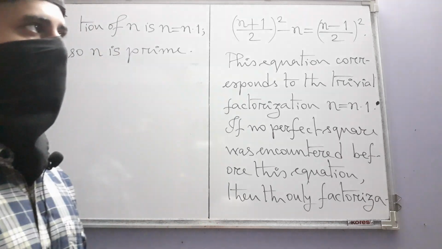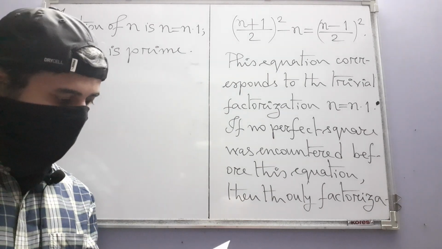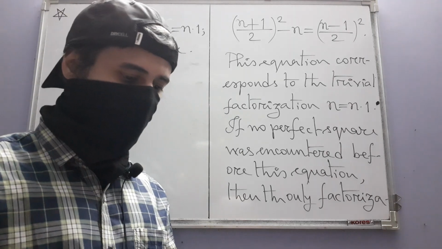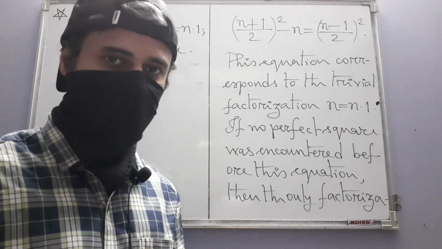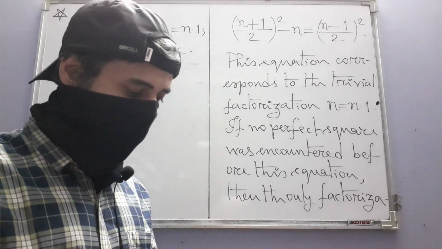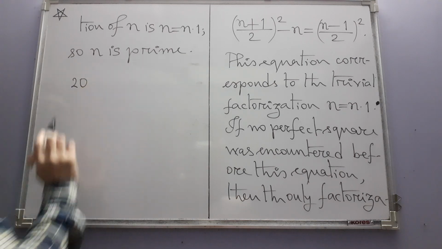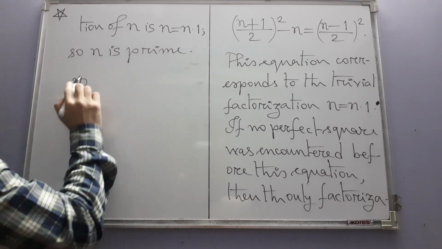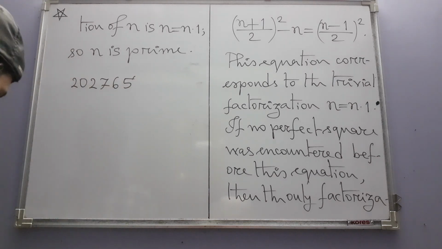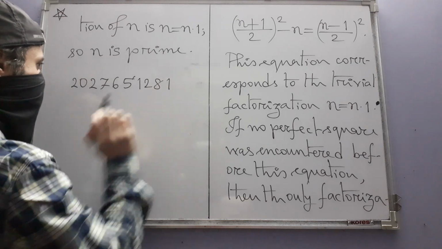Now let us see one example where we apply this method. In fact, in the letter in which Fermat communicated this method to Father Marin Mersenne, he used the method to factorize this number, and the number is somewhat large, 2027651281.